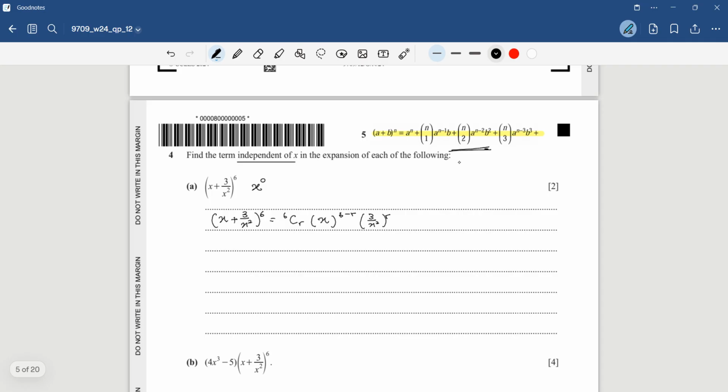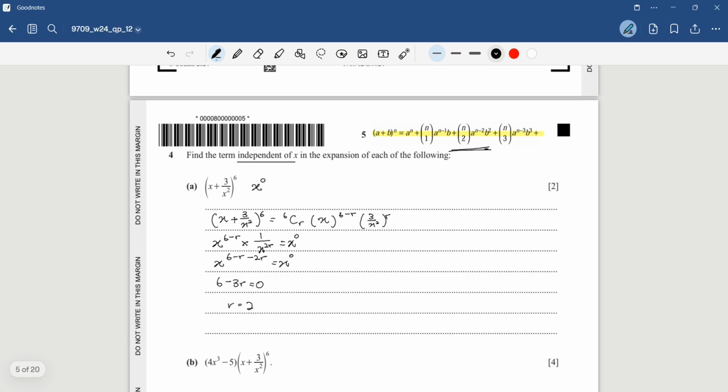Since they said it must be x to the power of 0, I just find my r first, where here it is going to be x to the power of 6 minus r multiplied by 1 over x to the 2r equivalent to x to the power of 0. Therefore, if I make it simpler, x to the power of 6 minus r minus 2r equals x to the power of 0. So 6 minus 3r equals 0. So r will be 2.